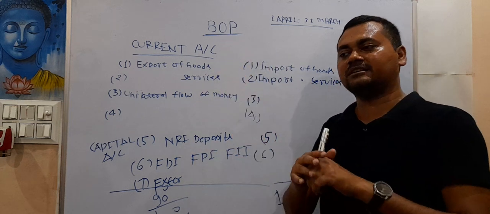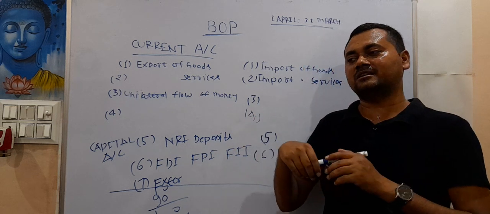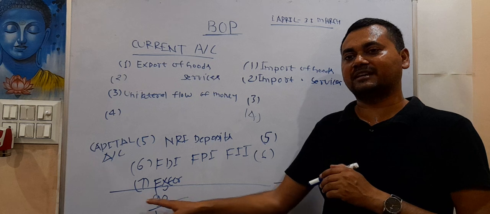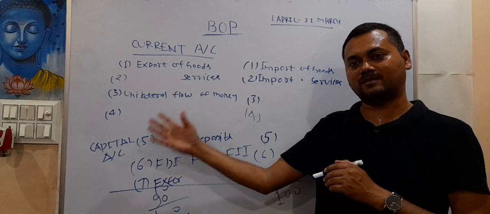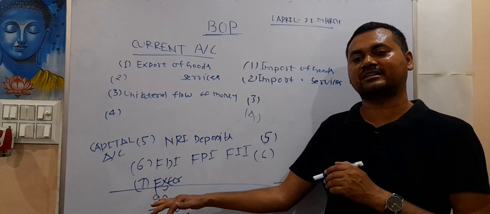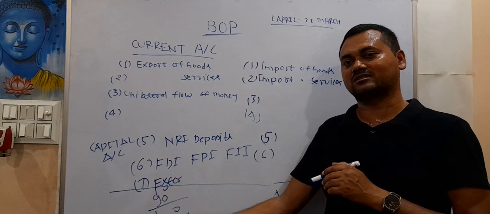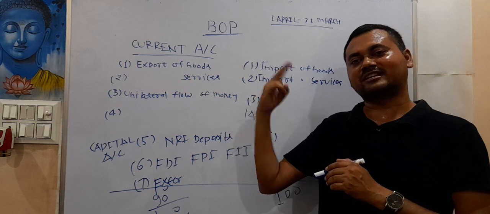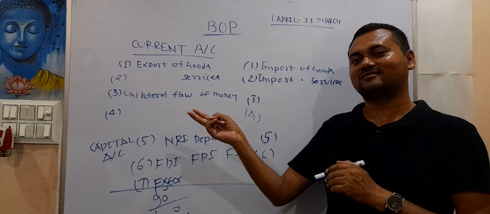Balance of payment may be naturally equal, or it may be favorable, in which case we don't require any help from a foreign country in the form of debt. And the third situation is this one. The first is naturally equal, which is not possible.